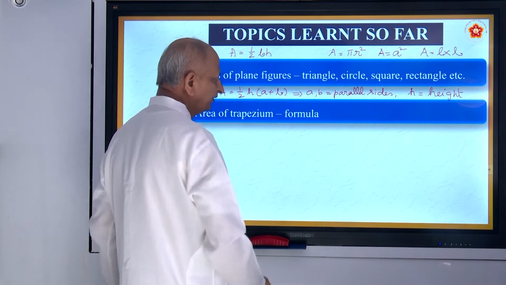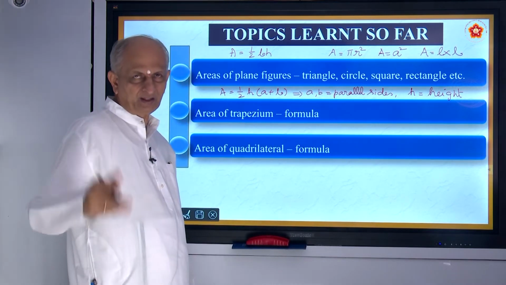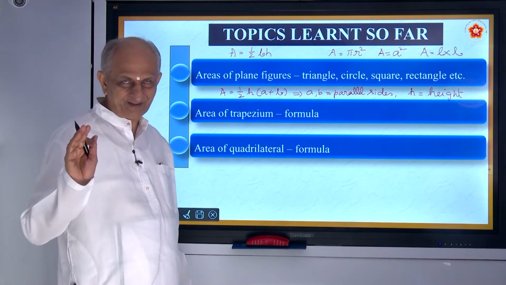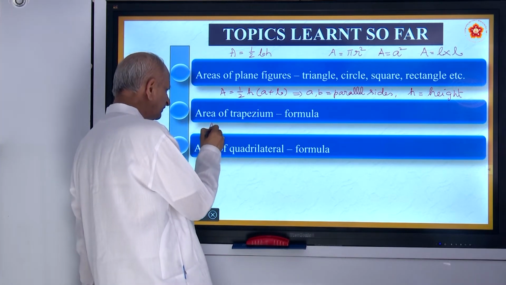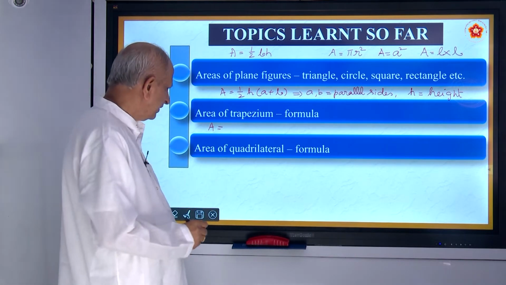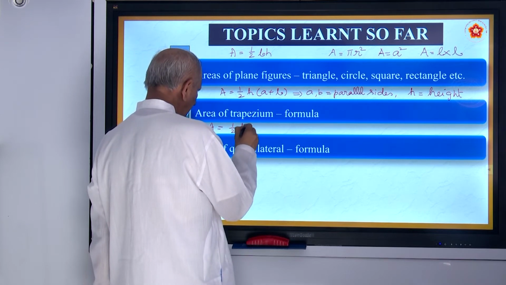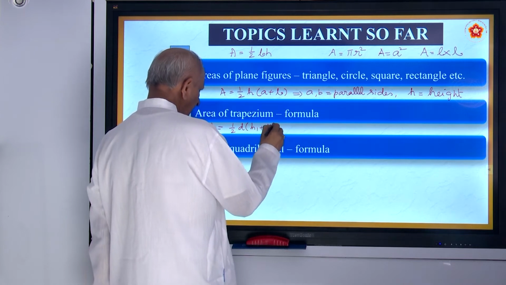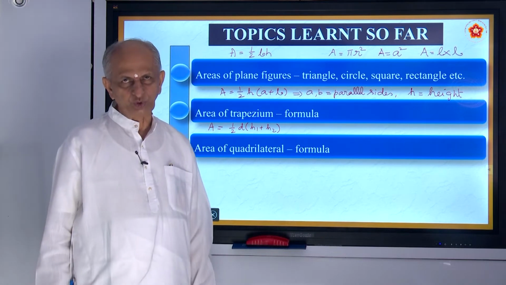And also we have seen the area of any quadrilateral. What is a quadrilateral? It is a plane figure having four sides, four vertices, and naturally four angles. What is the sum of all the angles? The sum of the angles is 360 degrees. Its area is given by the formula half d into (h1 plus h2).